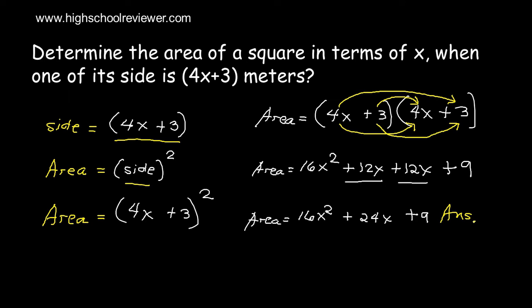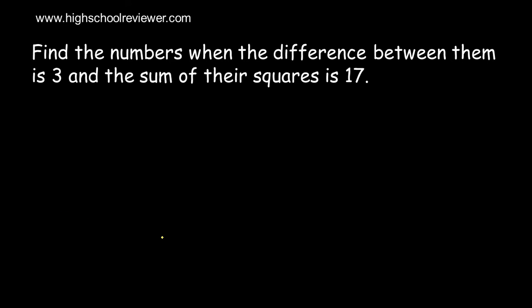Our next problem: find the numbers when the difference between them is 3 and the sum of their squares is 17. So we have here the difference between two numbers, and that difference is 3.